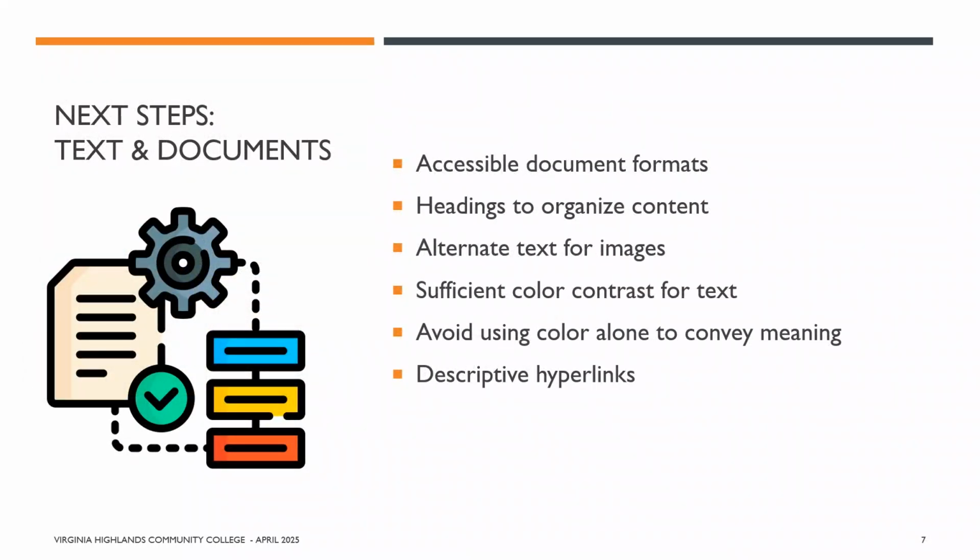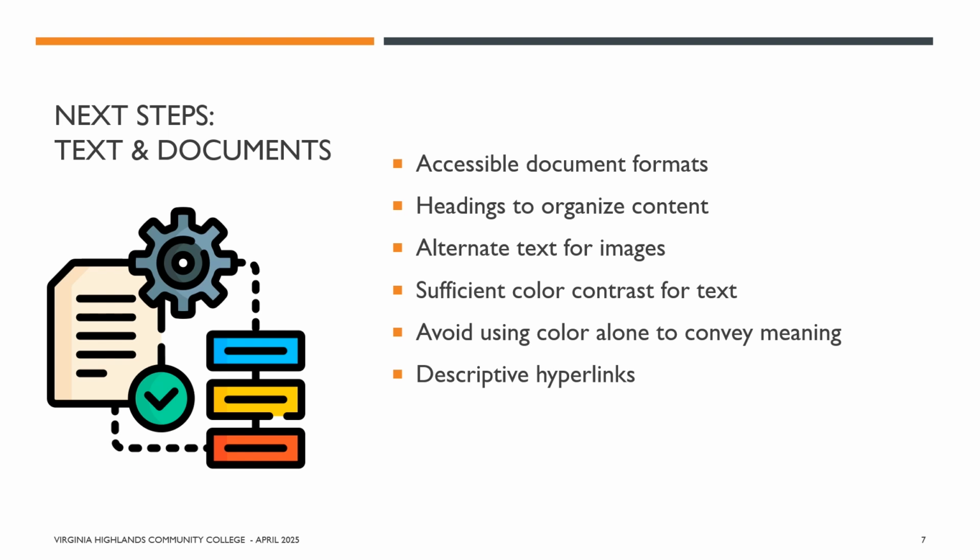Implementing these accessibility standards requires a conscious effort in how we create and organize our online course content. For text and documents, this means using an accessible document format that can be scanned and read by screen readers. For example, many PDFs are actually images of typed text and not scannable by screen readers.